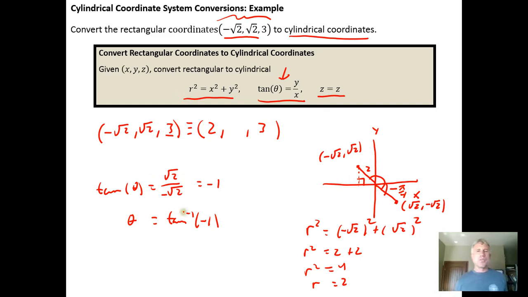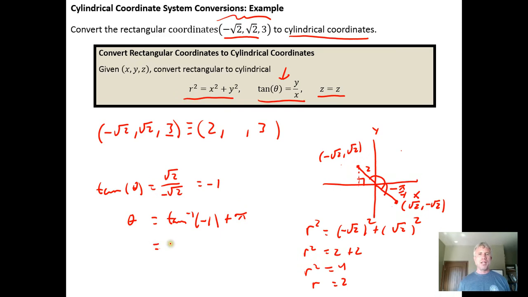So if we were just grinding this out kind of mechanically, what I'd want to recognize is that the point that I have is in a quadrant for which the tangent inverse doesn't give me an angle. Tangent inverse gives me angles in quadrants 1 and 4, not from quadrants 2 and 3. So really, the angle would be this angle plus, I need to rotate it by pi radians.